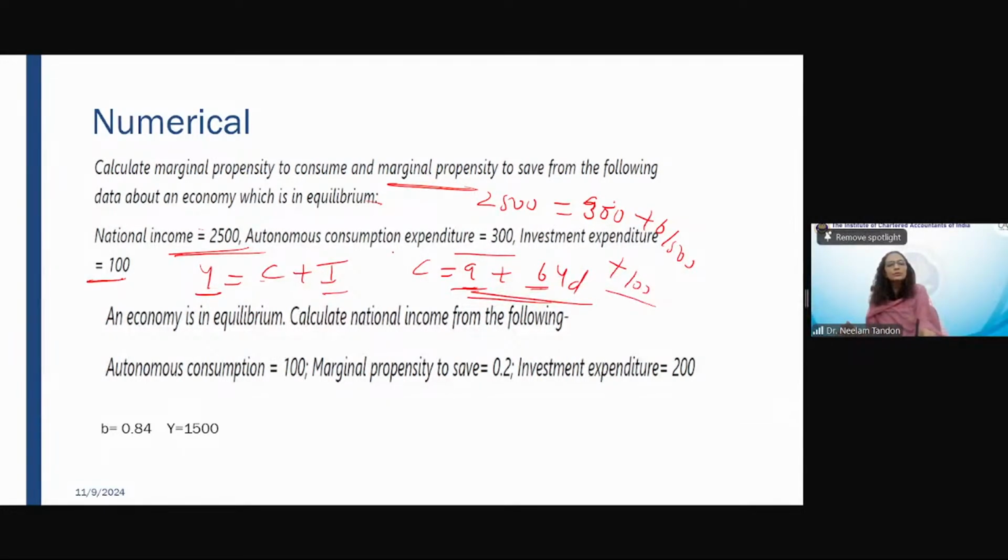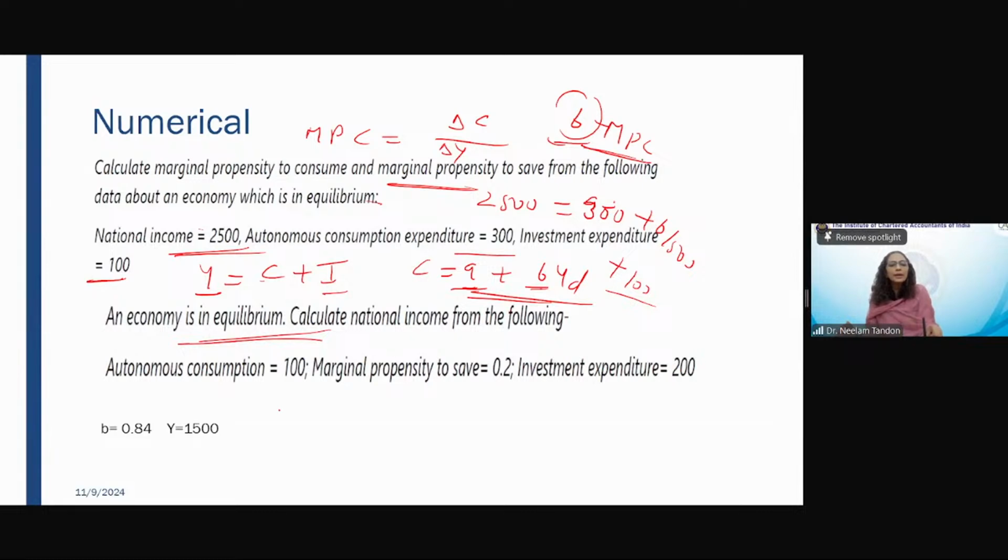Once you substitute this, you will get the value here at equilibrium. At equilibrium national income, you have to find out the marginal propensity to consume. Once you get consumption, you can find delta C by delta Y, the marginal propensity to consume. That is B.